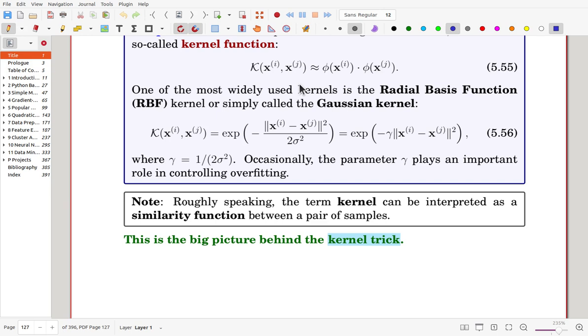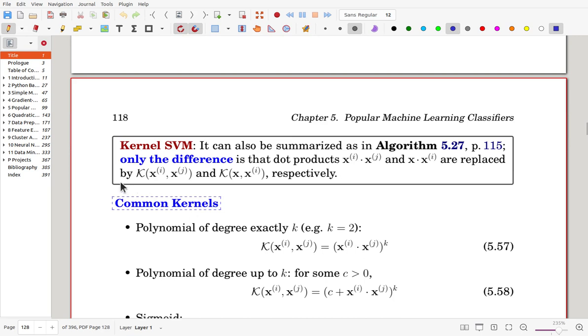That is the big picture behind the kernel trick. It is introduced to save complications and expensive computation. At the implementation level, it can be easily changed. The only difference is that the dot products are replaced by kernel functions.